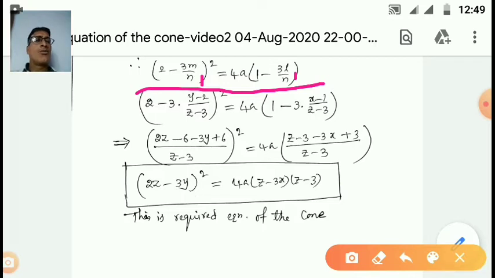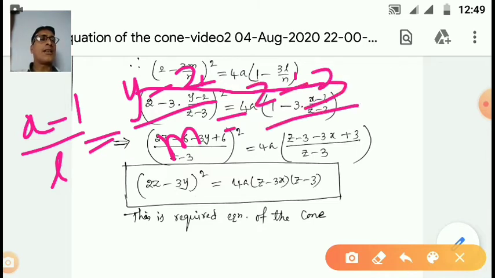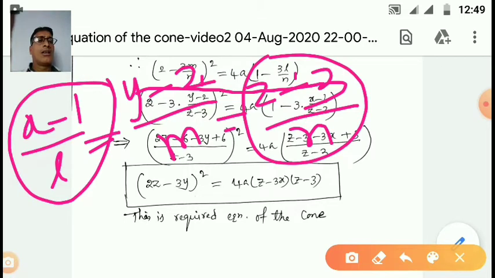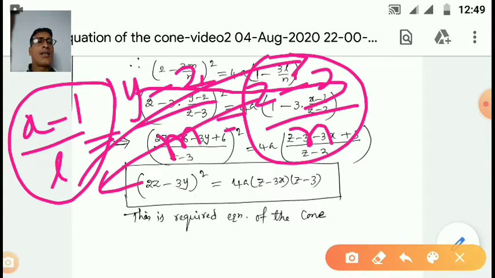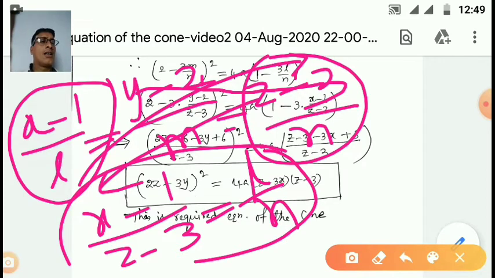Actually, the equation of the generator is (x minus 1) by l is equal to (y minus 2) by m is equal to (z minus 3) by n. From this, take the first one and the last one and interchange them, so we can write (x minus 1) by (z minus 3) is equal to l by n.